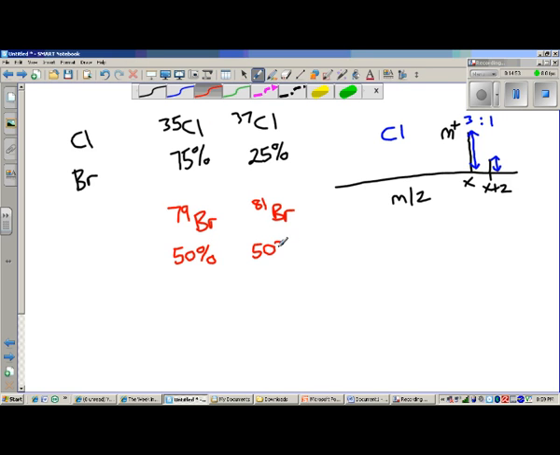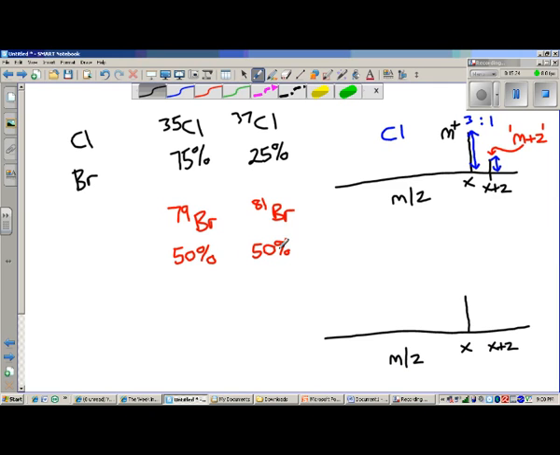So that means when you have a mass spectrum, you have your mass to charge ratio along the bottom. If you have your molecular ion peak here as X, and then you have your M+2 peak. Usually we see an M+1 peak, but when you have a halogen, chlorine or bromine, you'll have an M+2 peak.